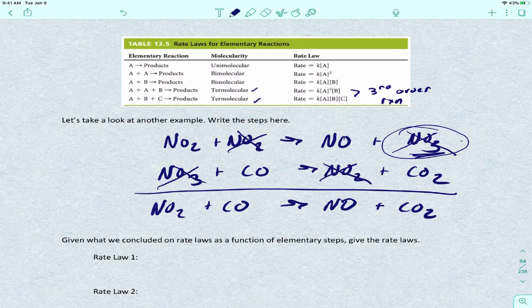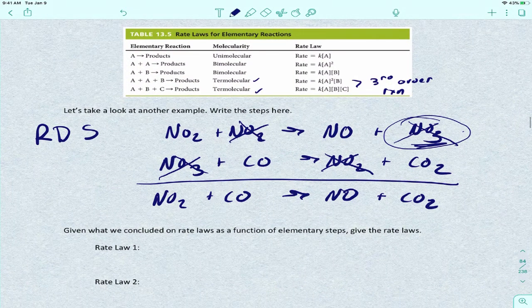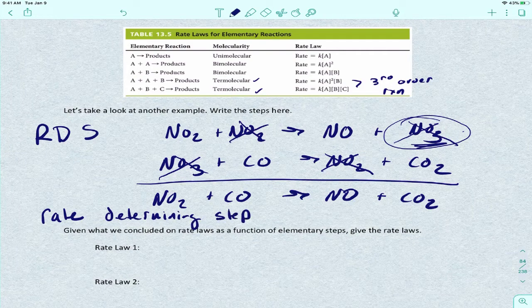So in this sense, we call step 1, because that's the critical step, the rate determining step, or RDS. Okay, and RDS again is rate determining step. The rate determining step is all hinging on us preparing or making something.